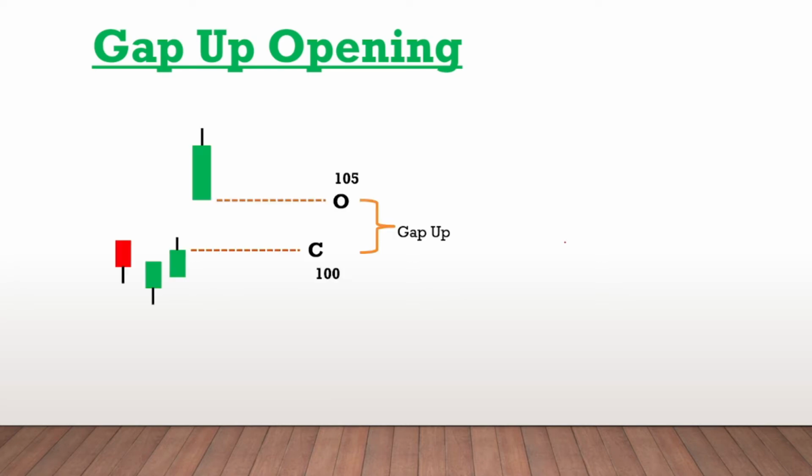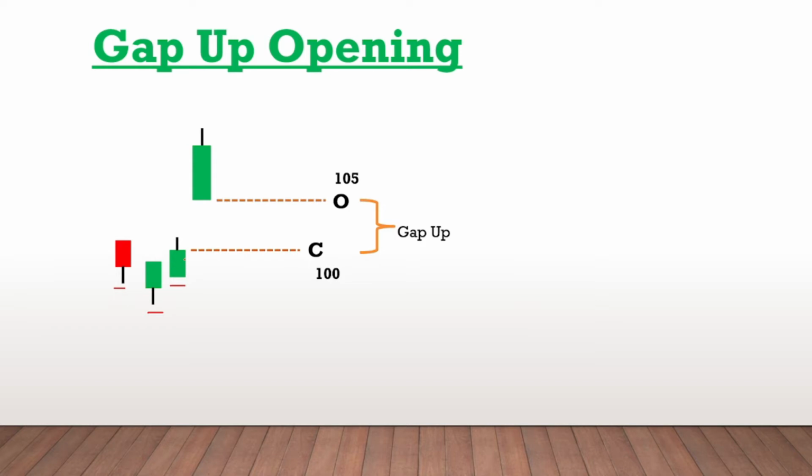So friends, let us try to understand gap up opening in very simple terminology. Let us suppose I have taken a stock called ABC, and this is one candle, this is another candle, and here is another candle. Let us consider that each candle represents one trading session.